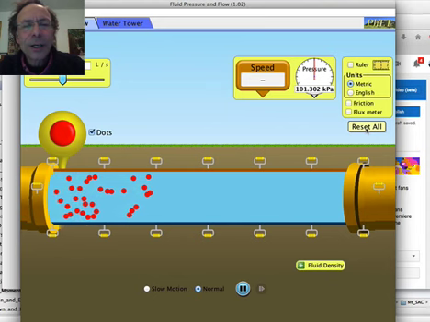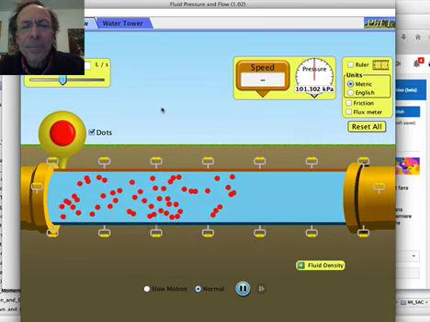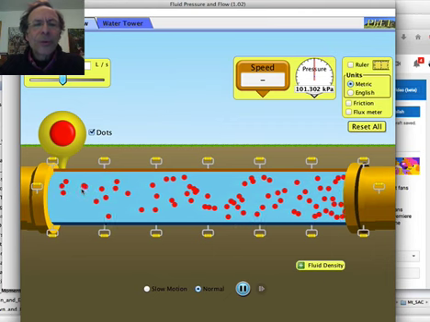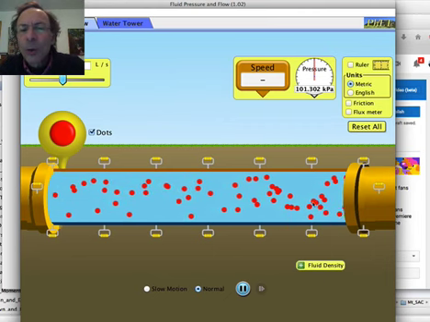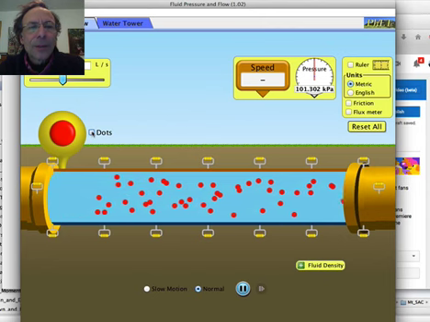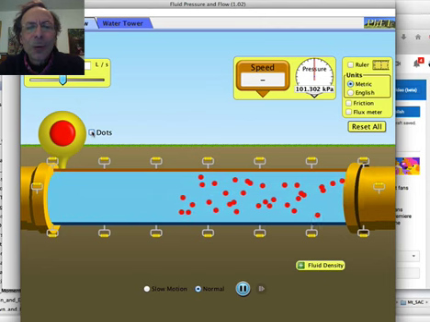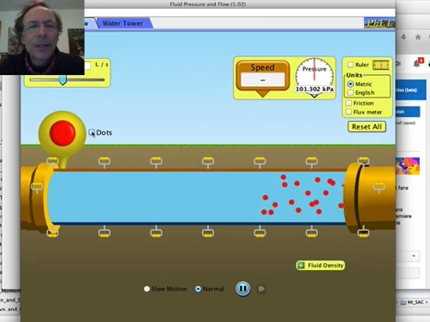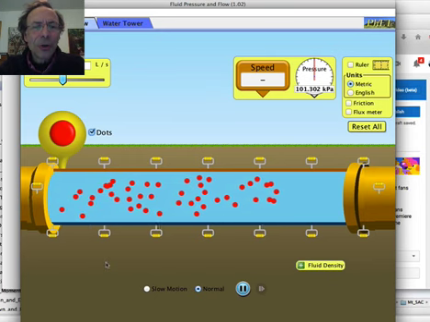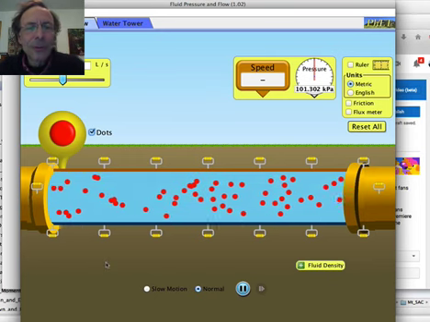So what you've got here is a pipe, and going from left to right is the flow of water. Normally you wouldn't see the water flowing, right? Water is clear, but the people who wrote the software added little red dots to represent the water molecules.